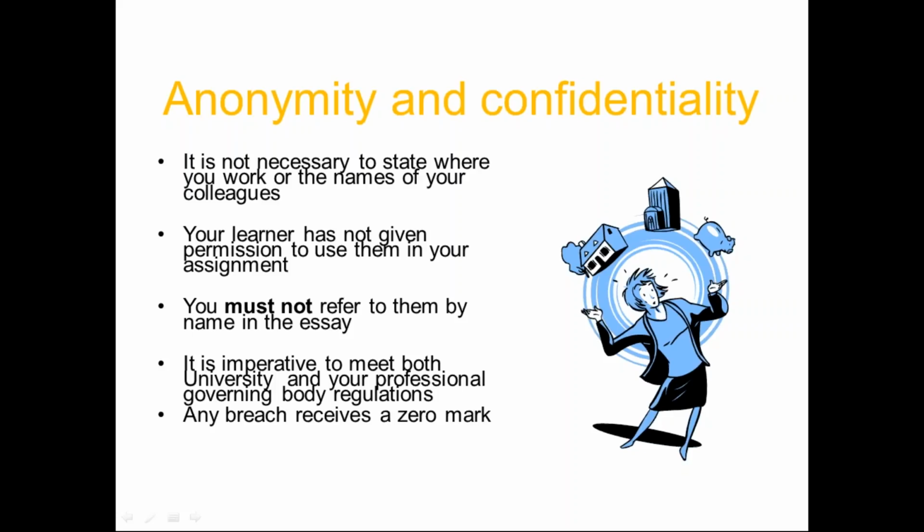If you want to put in context where you work, for the purpose of the assignment, all you would need to say is, I work in a community team, I work in an acute hospital in cardiology, or I work on a surgical ward, or I'm a community nurse, or any of those kinds of things. So it's okay to say that, but that's all we need to know. We don't need to know where your place of work is.